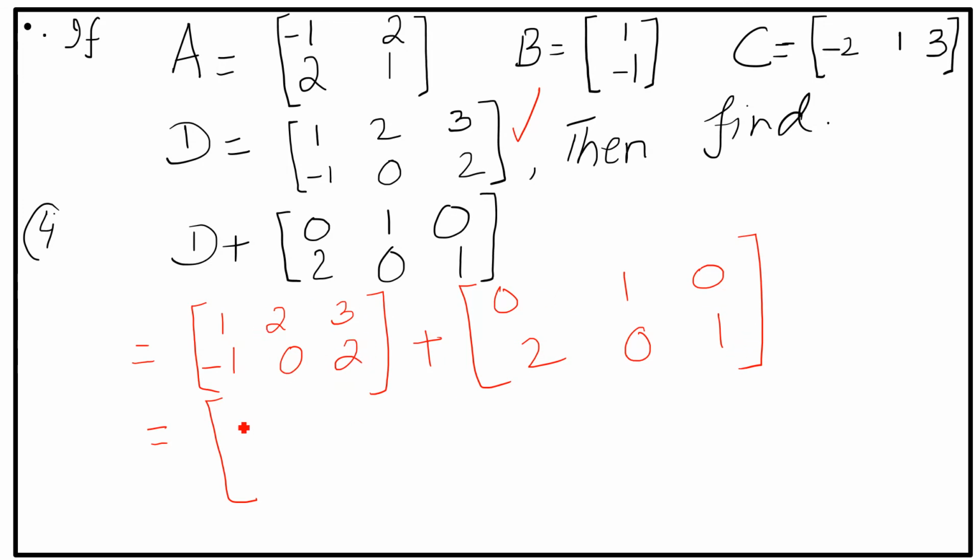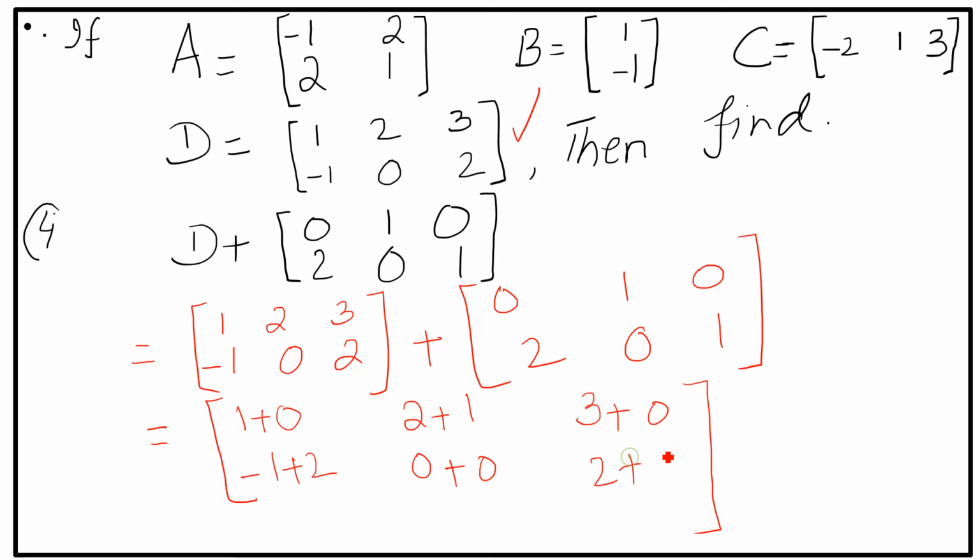Yes, you can add 1 plus 2, 2 plus 1, 3 plus 0. Minus 1 plus 2, 0 plus 0, 2 plus 1. Right? And then here 1, 3, 3, 1, 0, 3 is your answer.